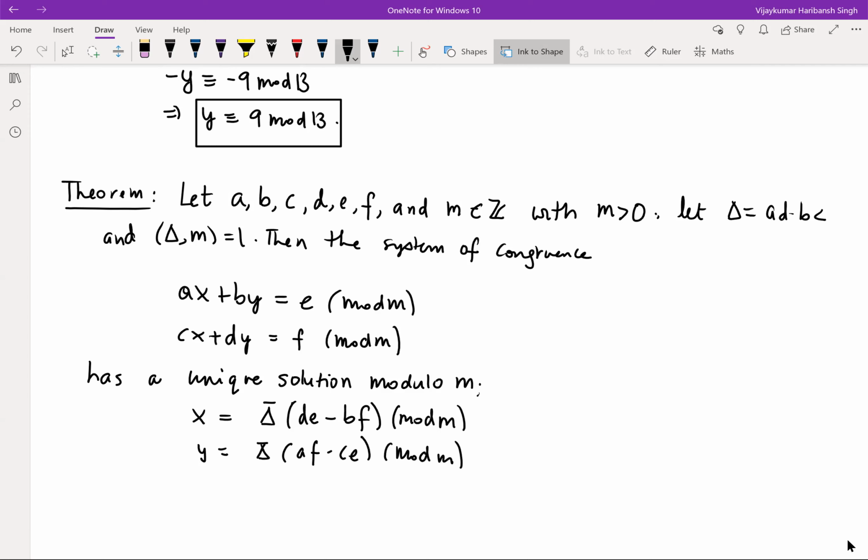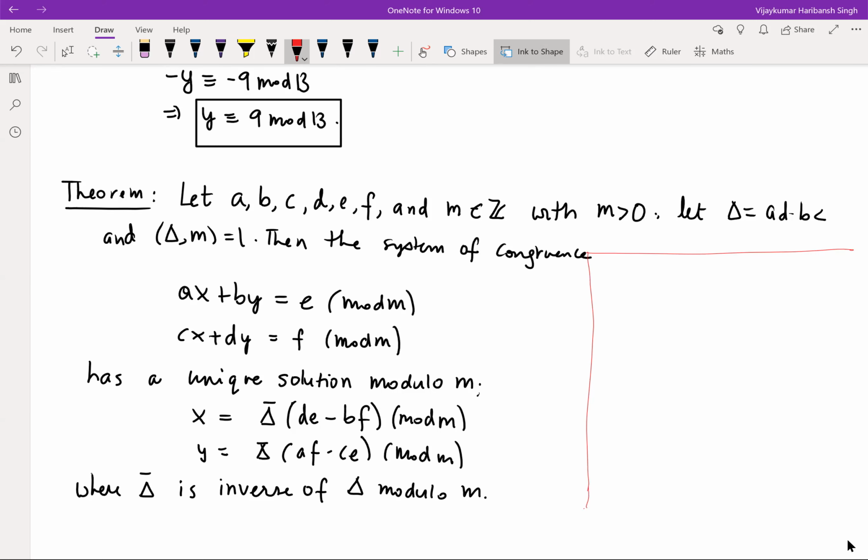Where delta bar is the inverse of delta modulo M.